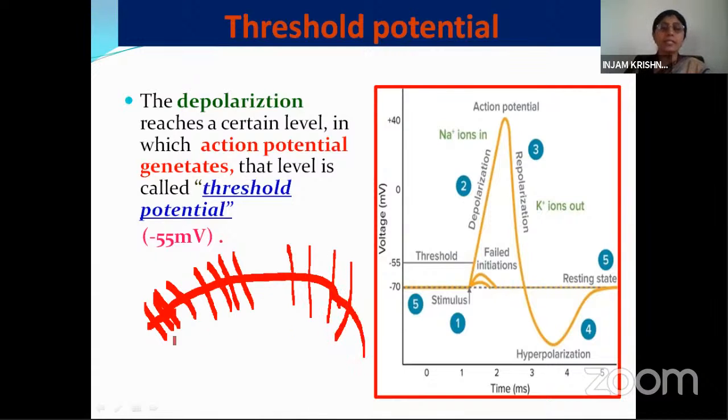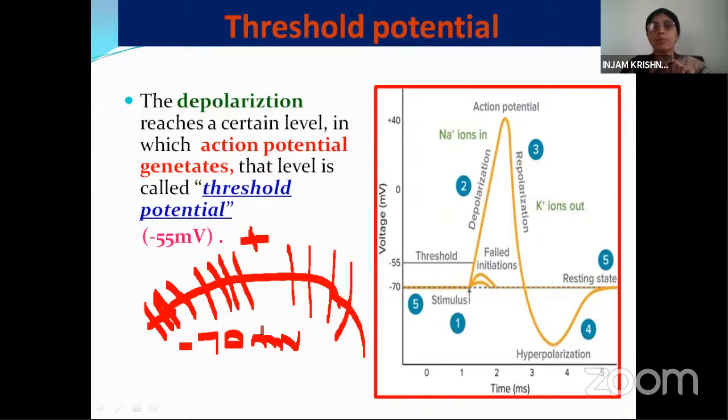Inside, how much negativity is there? Minus 70 millivolts, the resting membrane potential. Outside, as we discussed, it is positive. Sodium ions are more and potassium ions less outside. Inside, sodium ions are less and potassium more.